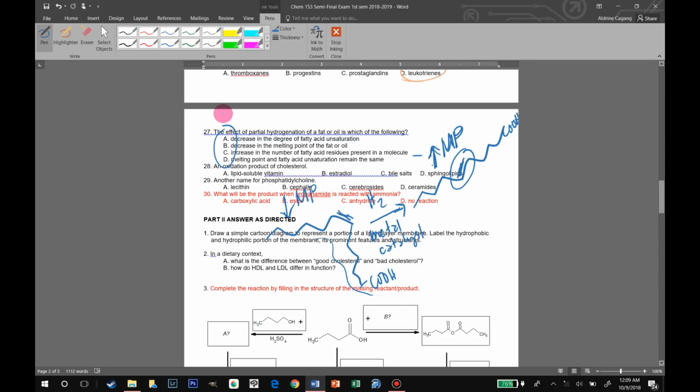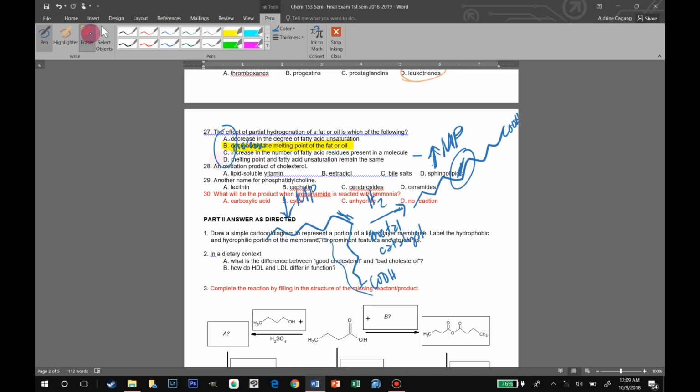But I think the answer should be letter B, except that instead of decrease, the operative word there should be increase. I think we got this one mixed up. We're just humans. Okay, let's proceed.